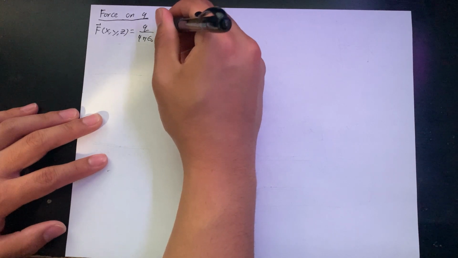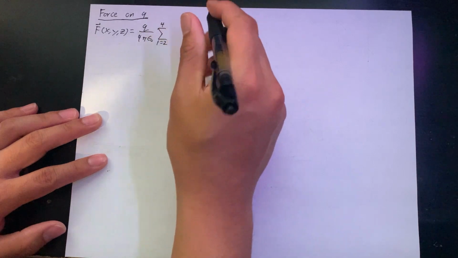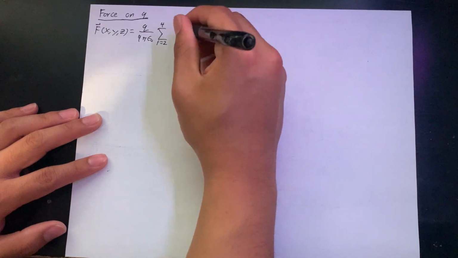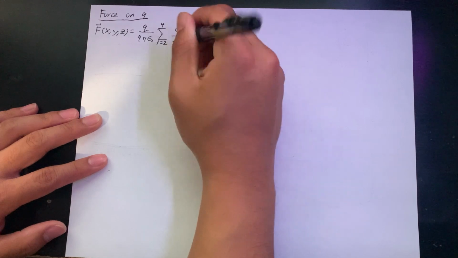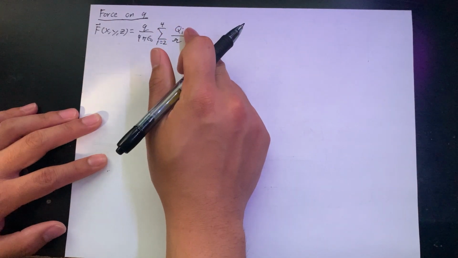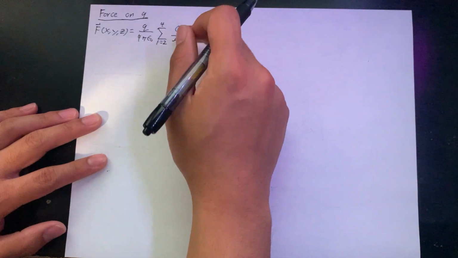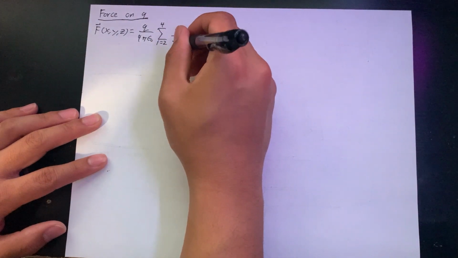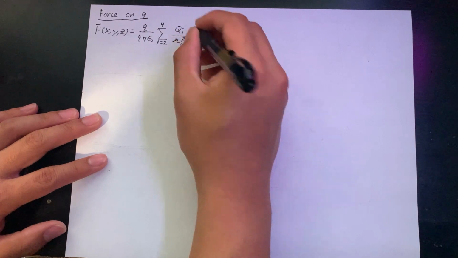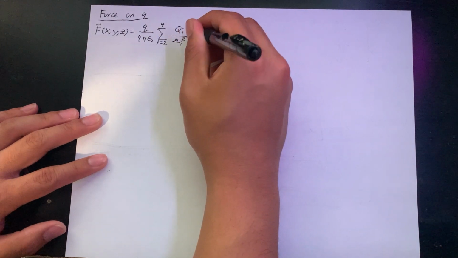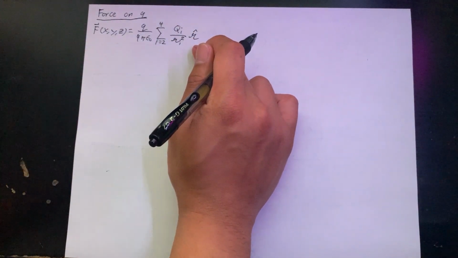I'll explain it later, but this is going to be from i equals 2 to 4 of the charge that we're considering over our separation vector magnitude squared times the unit vector of our script r.